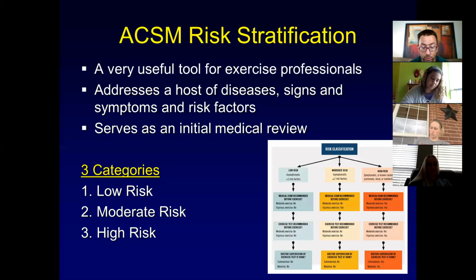On your test, later this week, on the final, you're going to have to take a scenario where I give you information about a person or persons, and you're going to have to walk through the stratification and decide whether they are low risk, moderate, or high, based upon the information I've given you, and then make some recommendations on what they should do.